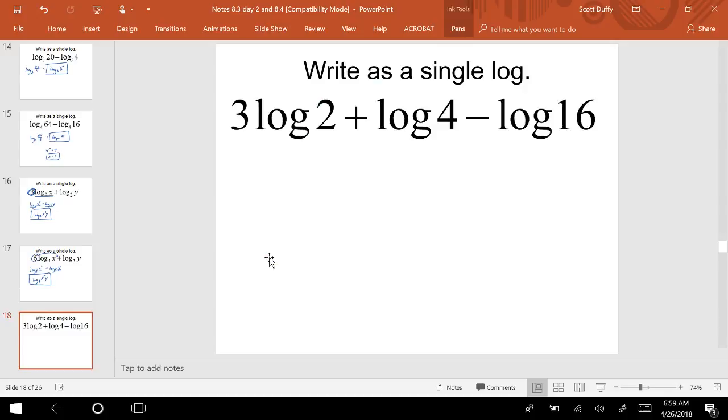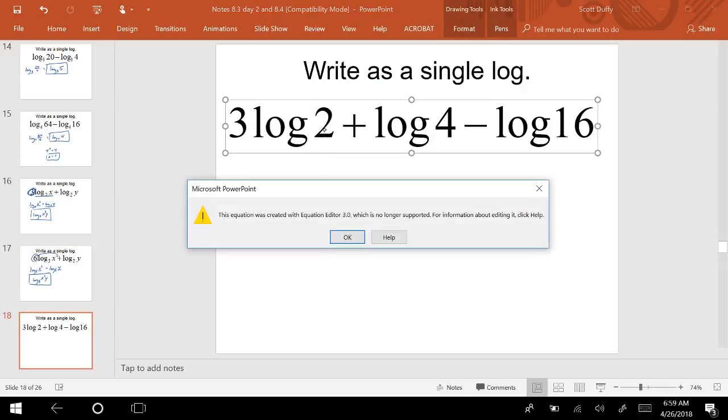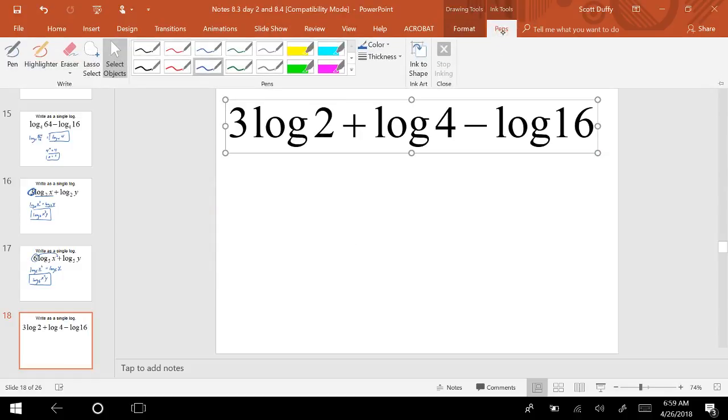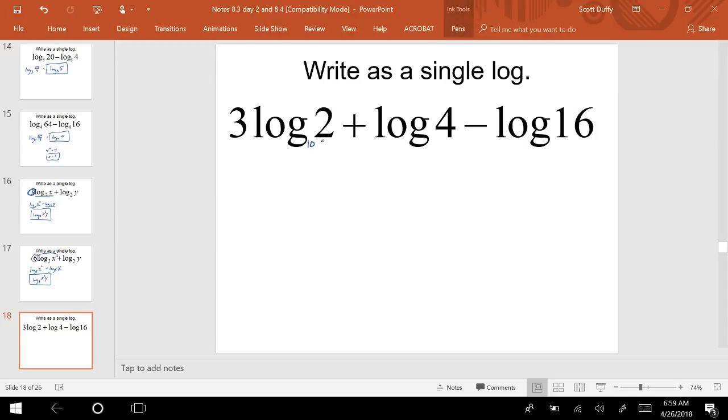Okay, so we don't have a base. What we realize is that the base would be 10. Okay, but when the base is 10, we don't need it, so we'll just leave it out. What we realize is this multiplier was originally an exponent. So we have log of 2 to the third plus log 4 minus log of 16. When they're adding, you multiply.